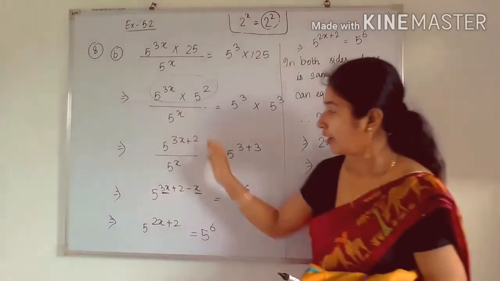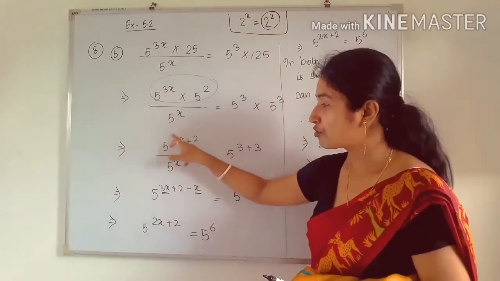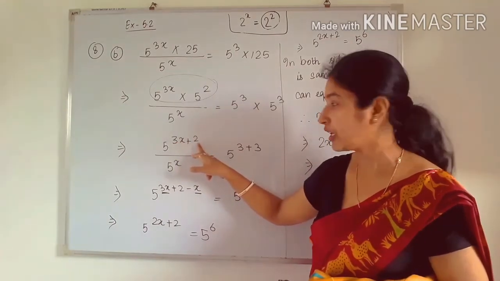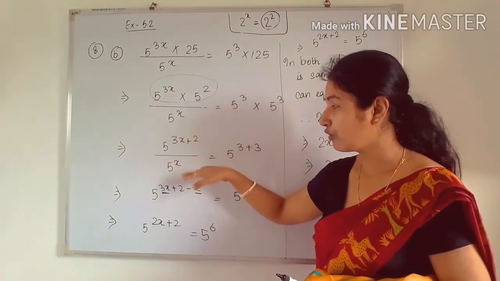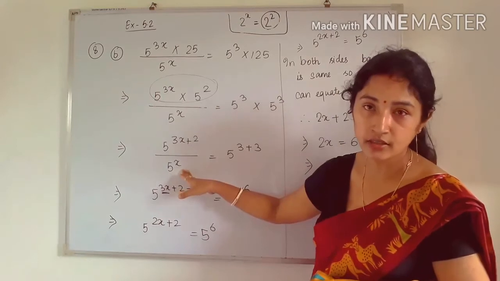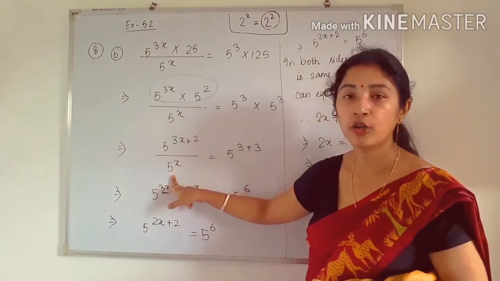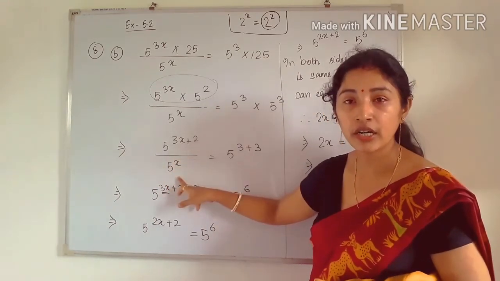Now see here 5 to the power 3x plus 2. We cannot solve it further as this is a variable and this is a constant number. We cannot add them. So next, we have to check the denominator. In denominator we have 5 to the power x. So see here base is same. Again we can apply the law number 2. In that case there is a division symbol between numerator and denominator.